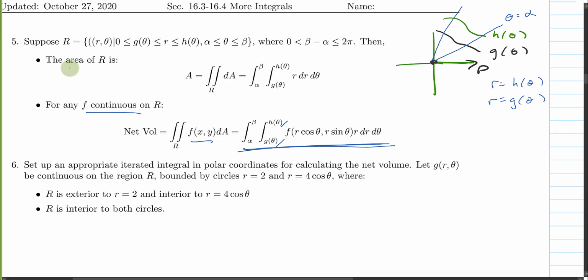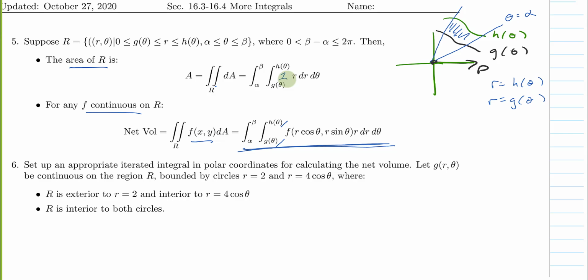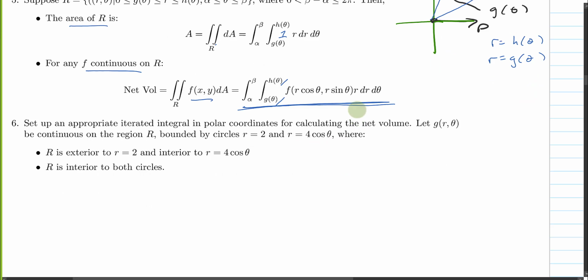And this part, I just put it here because it fit well, and that is if we want to talk about the area of the polar region. So in this case, if I just want to compute this area and not think about some surface living above it, then I just replace this with an understood 1, and that double integral will compute the area of the region in the polar plane. Okay, so let's practice both of those.